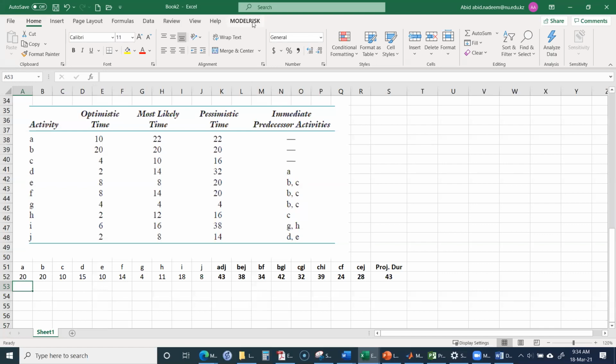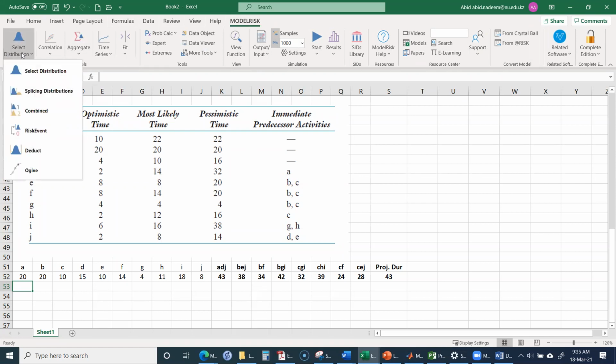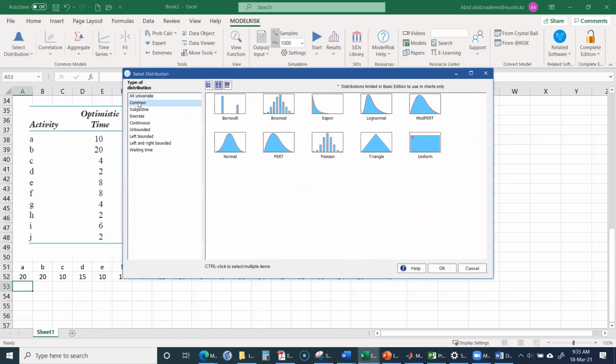So now I can simulate this model risk. I click this model risk, and then I first select the distribution by clicking this button, select distribution. I will go to common, and from common, I will go to the triangular distribution.